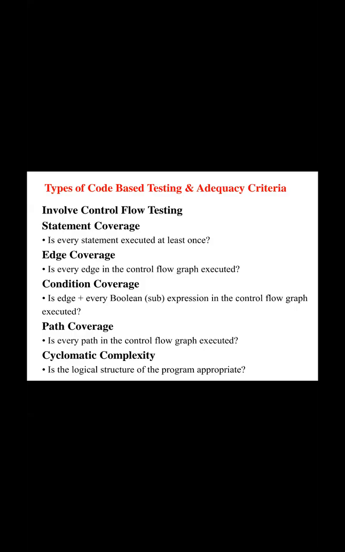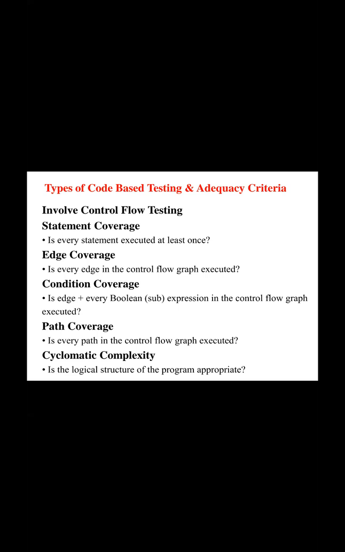If you take the types of code-based testing and adequacy criteria, we have the following techniques, which are used to check the control flow of testing: statement coverage, edge coverage, condition coverage, path coverage, and cyclomatic complexity. Cyclomatic complexity, in the sense of time complexity and space complexity, tests whether the logical structure of the program is appropriate or not.